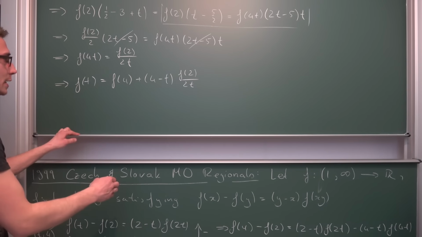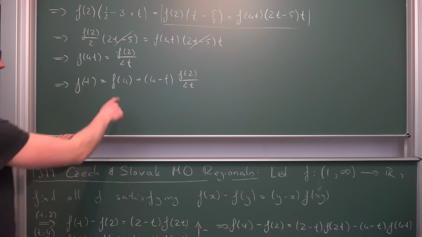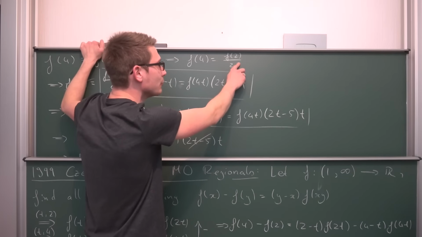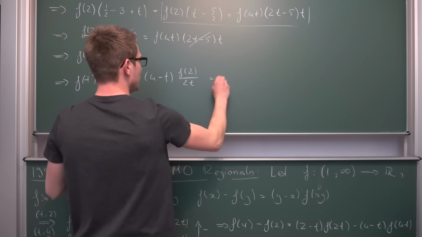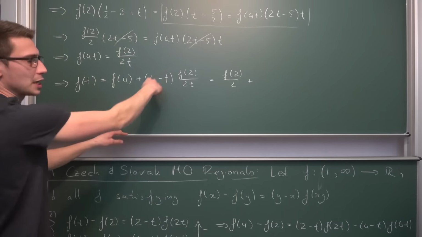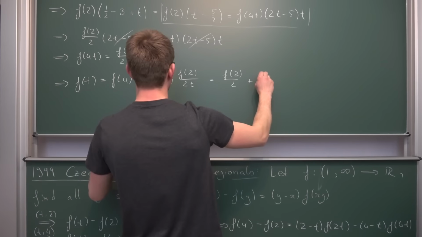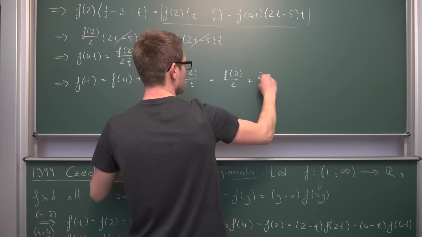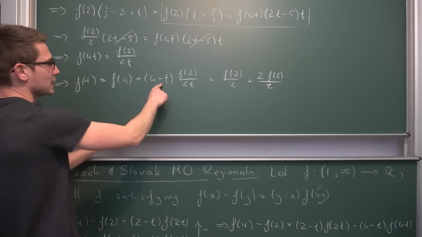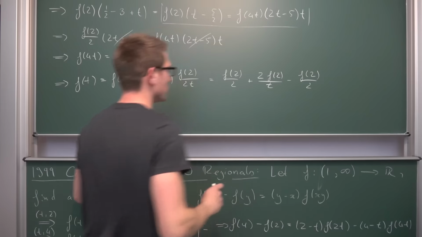And now we can just start solving once again, because we also know what f of 4 is. f of 4 is something that we have found out before. This is the same as f of 2 over 2, giving us that this is f of 2 over 2 plus, and now we can multiply everything out. Now 4 and 2 are going to cancel out, giving us 2 times f of 2 divided by t, and other than that we get negative t, and t is going to cancel out, negative f of 2 over 2.